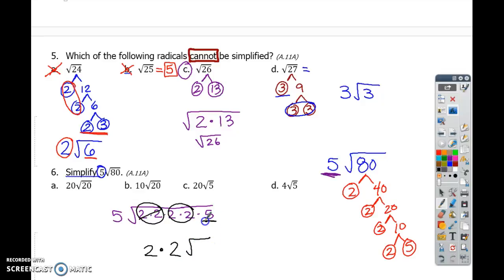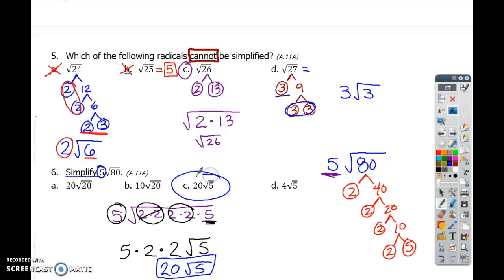Leave the 5, this one, underneath the radical. And this other 5 that was already outside stays outside, and you multiply it. So if you multiply, you have 5 times 2, that's 10, times 2 is 20, square root of 5. That would be your answer, so that's C.